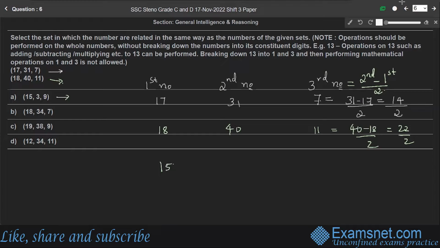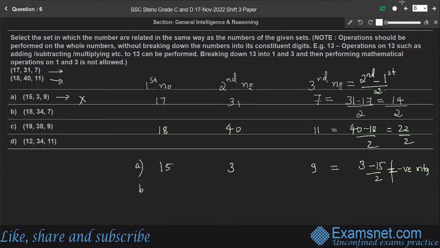The first number is 15, the second number is 3, the third number is 9. So this 9 should be equal to the second number 3 minus the first number by 2, which is not possible, right? You will get a negative integer. Therefore, 9 cannot be equal to a negative integer. So the first option doesn't follow the same logic.